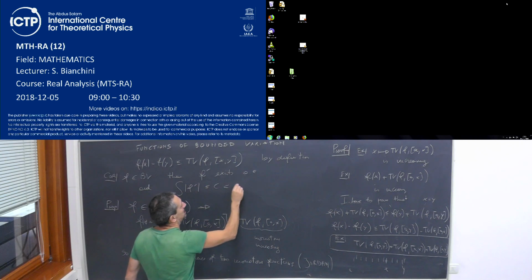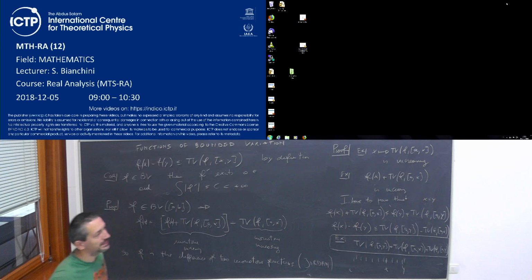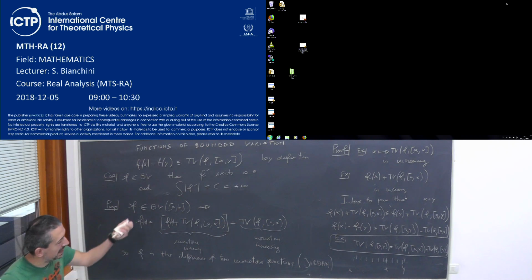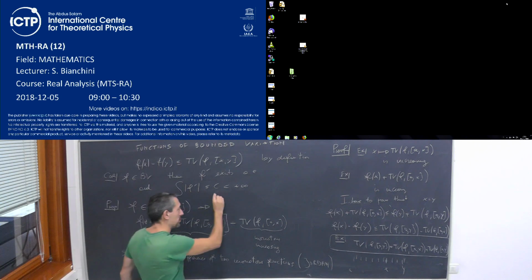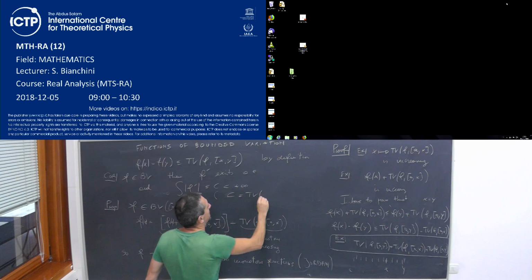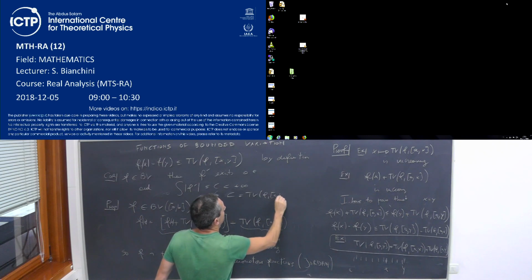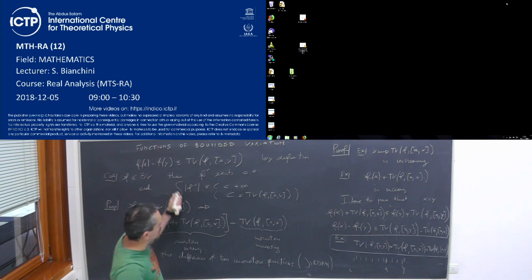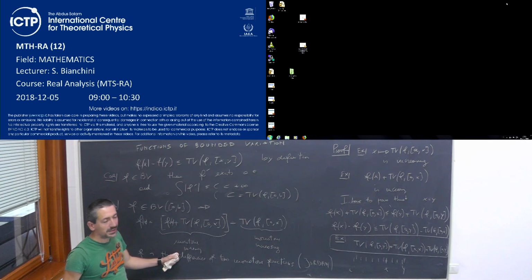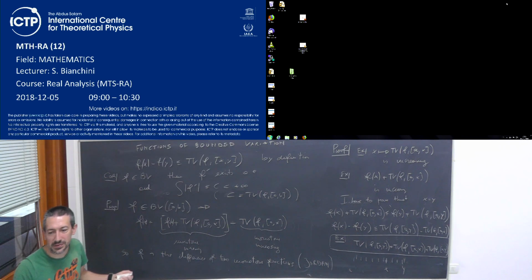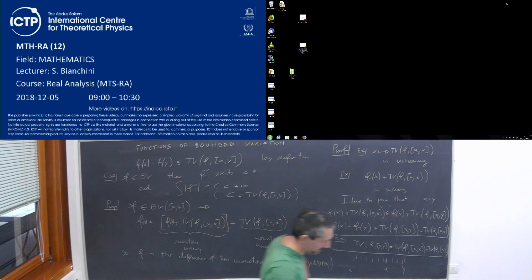So the constant is bounded. Actually, if you want to try to prove that C is equal to the total variation of F in A, that's a natural choice. Well, we know that it is the difference of two bounded monotone functions, so certainly we know it is the difference of the two objects. Okay?